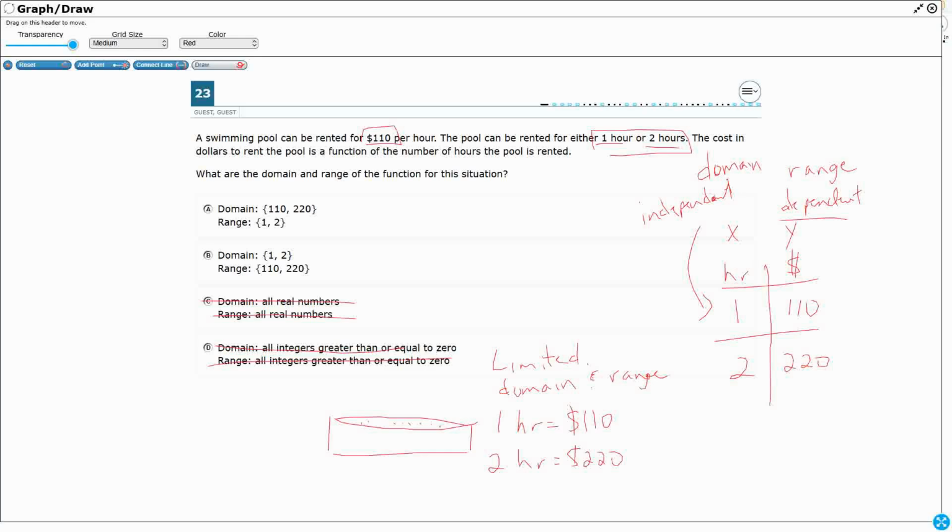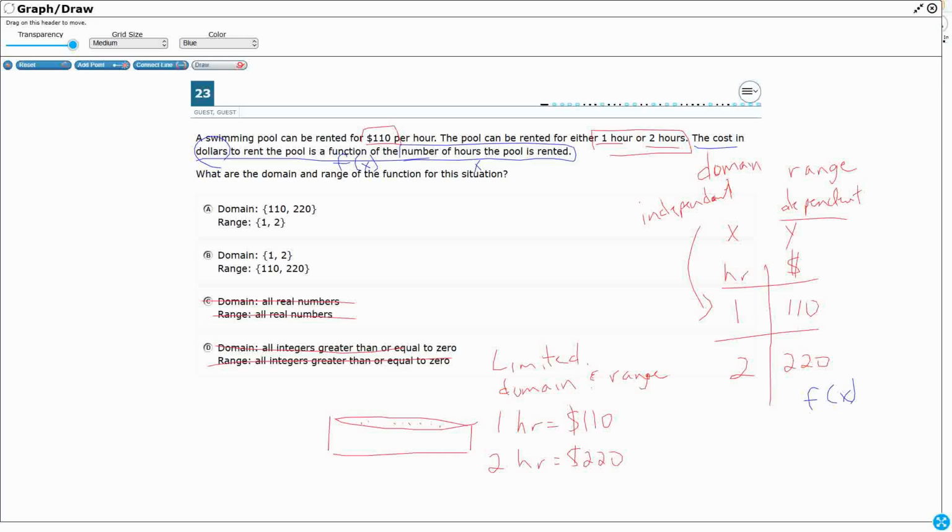But we actually see it in this last sentence. Now, it's written kind of strange, but we say the cost in dollars to rent the pool is a function of, okay, so f of x. So the dollars is my f of x. The number of hours the pool is rented.